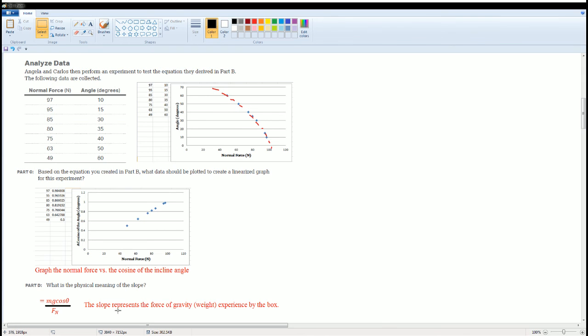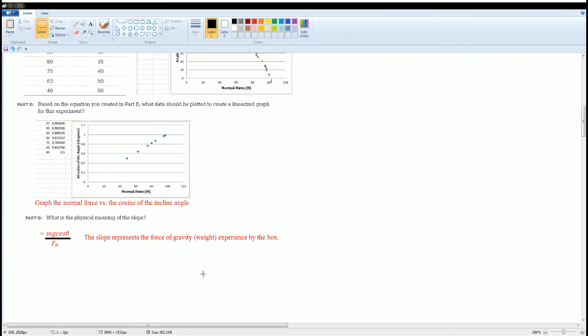A lot of students will say the slope represents the force of gravity by the box. That's not correct. It's not by the box. The box doesn't produce the weight. It doesn't produce the gravity, right? The slope represents the force of gravity experienced by the box. It is something the box feels, and that is as a result of the earth pulling down on it. Okay? All right. But there you go.